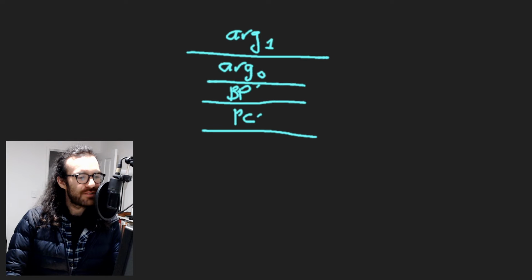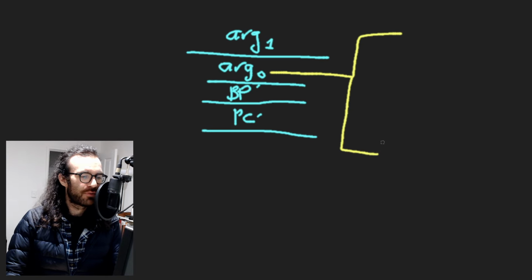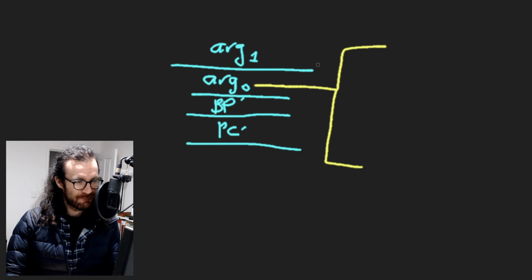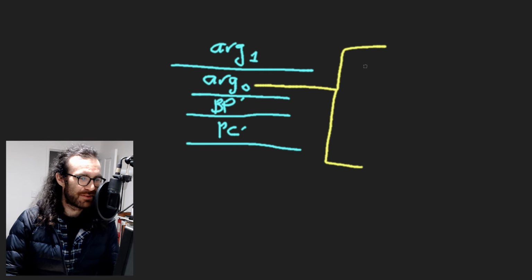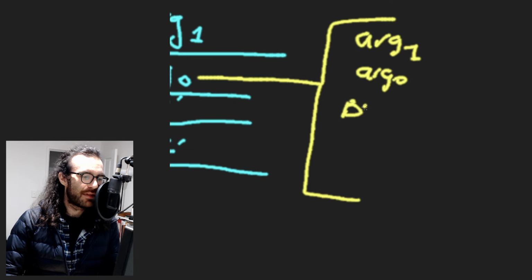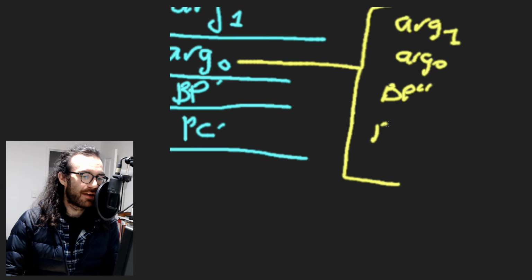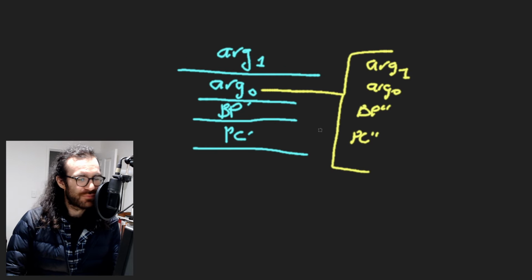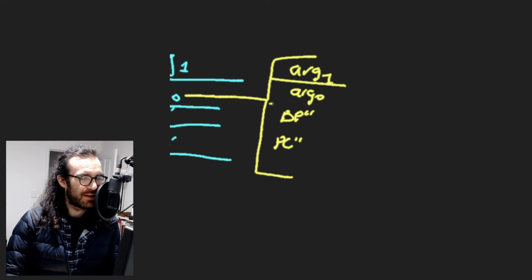Because if you imagine you do this, but then arg0, you build a new frame, you call a new function. Yeah, okay. So let me draw this. So you have arg1, arg0, you have bp double prime, and you have pc double prime, which is almost the same thing here. They're very similar values, but anyway, we'll call it double prime rather than trying to reason about this.